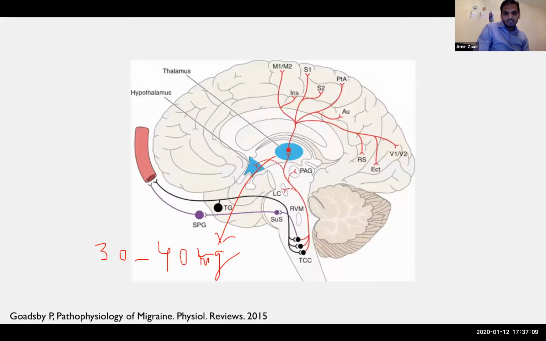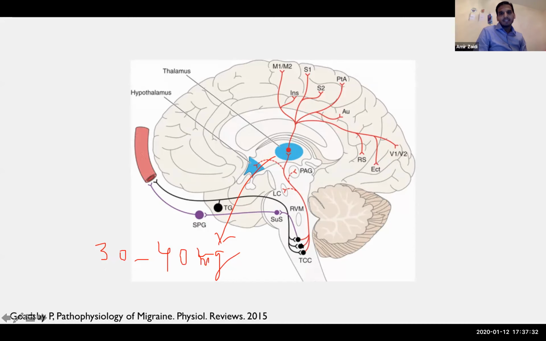So if we can all recall the anatomy, this is the trigeminal ganglion. Trigeminal nerve, as we all know, controls all the sensations affecting most part of the head; the face is controlled by the trigeminal nerve. So from the trigeminal ganglion, the fibers go down to the brainstem and to the cervical level, because the trigeminal nucleus goes up to the cervical level.